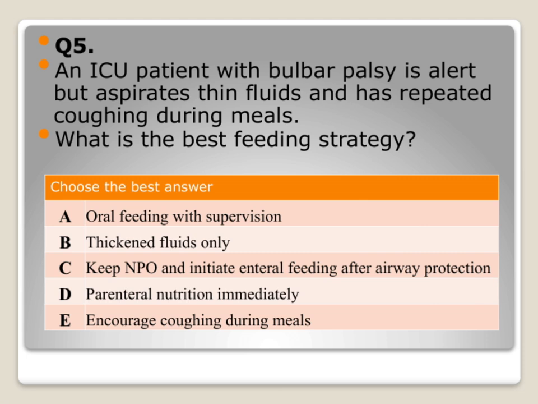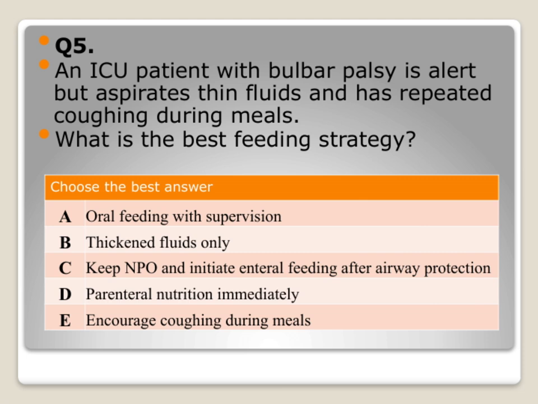Option A suggests oral feeding with supervision, but given the patient's aspiration and coughing, this might not be the safest choice without further modifications. Option B recommends thickened fluids only, which can reduce aspiration risk, but may not be sufficient on their own if the patient continues to aspirate. Option C proposes keeping the patient NPO, which means nothing by mouth, and initiating enteral feeding after ensuring airway protection.